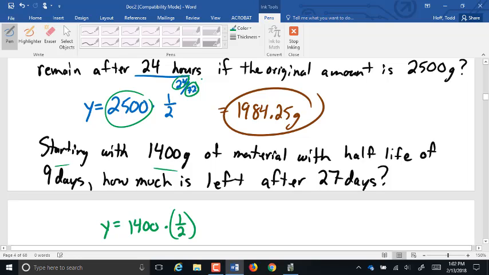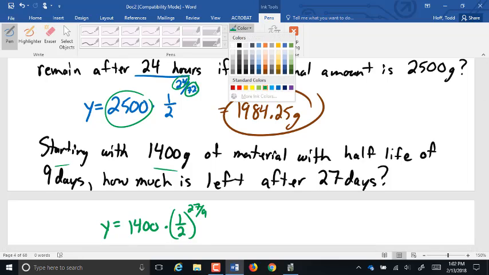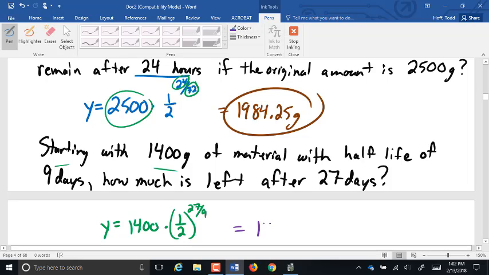So what's our time here? 27/9. Very good. So 1,400 times, I'll put the 1/2 in parentheses, the power of 27 divided by 9. Ian is absolutely correct. It is 175.